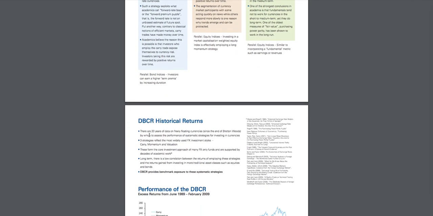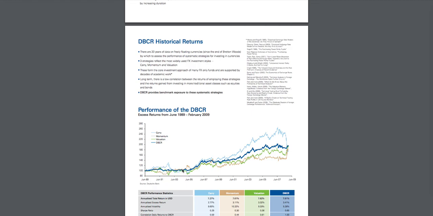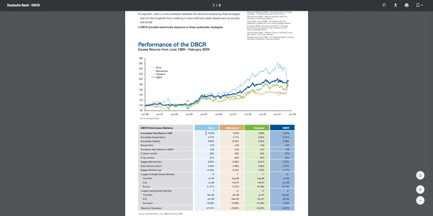So they have the three strategies charted here, where light blue is carry, orange is momentum, green is value, and the dark blue is all three combined together with an equal 33% weighting. So I'll show you an updated chart, since this one only goes up to 2008.